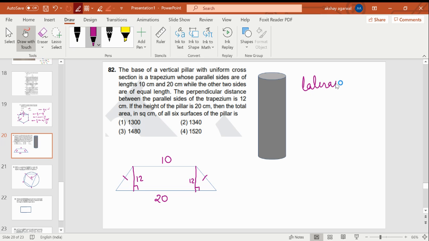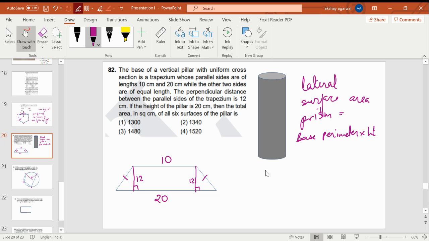Lateral surface area of a prism is equal to the base perimeter into height.